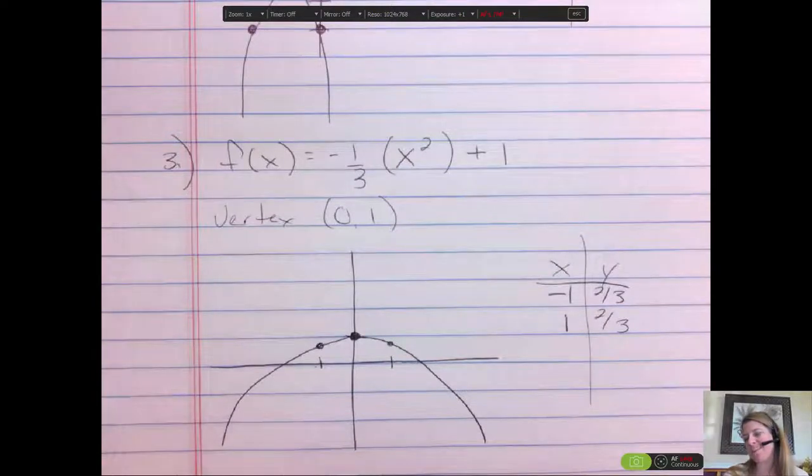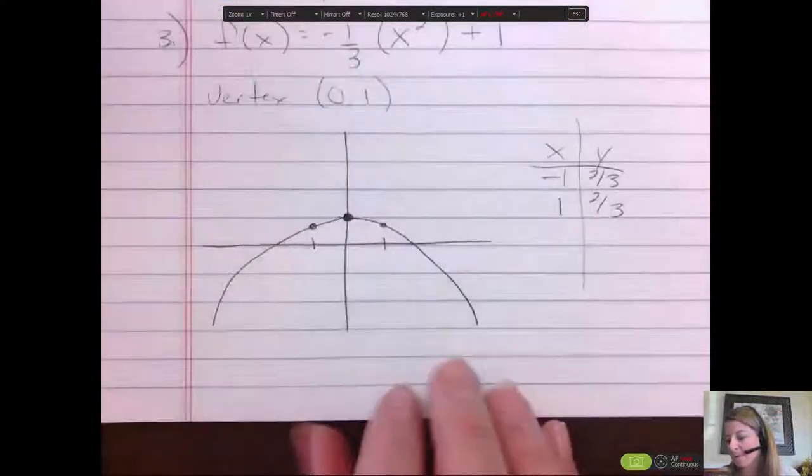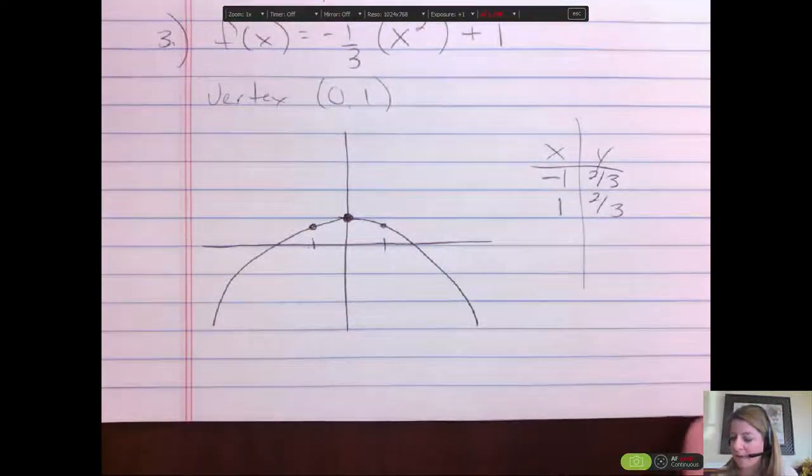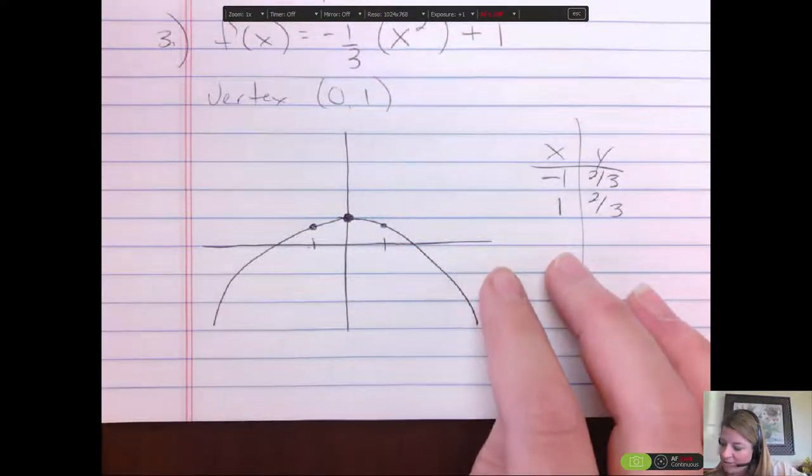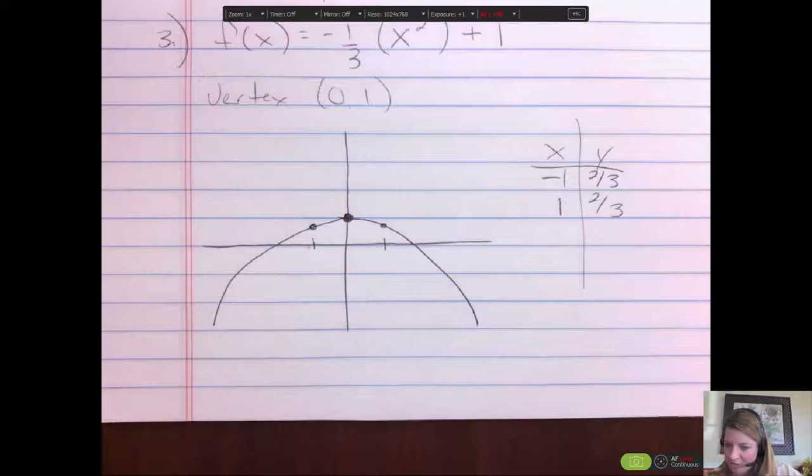That word gets a little bit confusing for some people because you could call it different things. So a horizontal compression is a vertical stretch. They do the same thing.